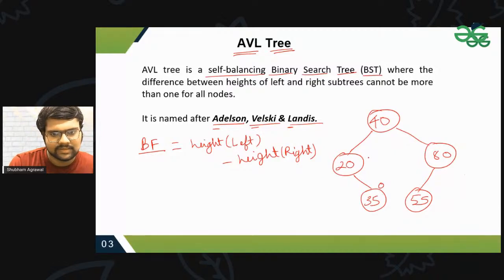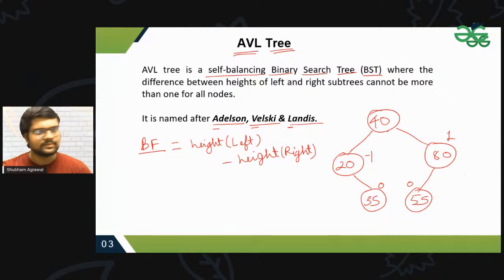Then we have 55: the left subtree is 1 and the right subtree is 0, so it will be 1. And here the height of the left subtree is 2 and the right subtree is 2, so it will be 0. So this is the AVL tree with the balance factor.